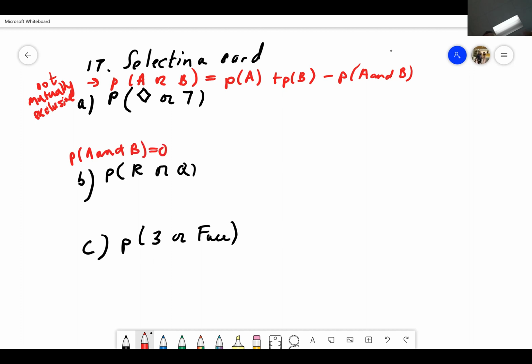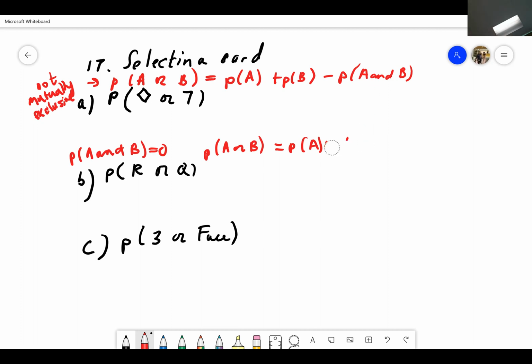And when that happens, the probability of A or B just equals the probability of A plus the probability of B, because this just became 0. So you don't have to write that. I'm going to erase that. If it's mutually exclusive, we don't worry about A and B.